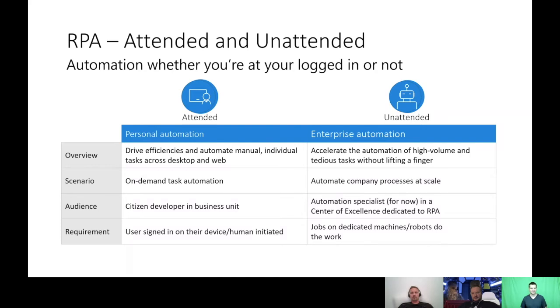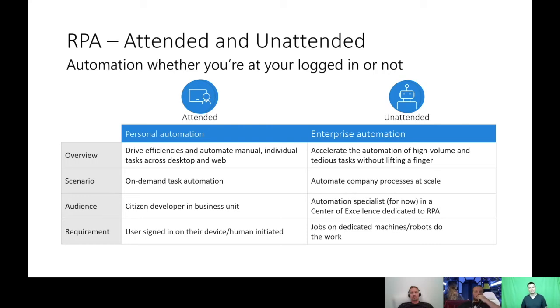The first mode is the attended, which is the simulation of the logged-in user, so the user can lay back, grab a coffee or a popcorn and watch how the mouse is moving, how the data is being input into the fields, and how the bot is working instead of that user. It is intended to automate personal processes on the personal computer, not a high amount of executions in parallel or daily. This is just personal automation.